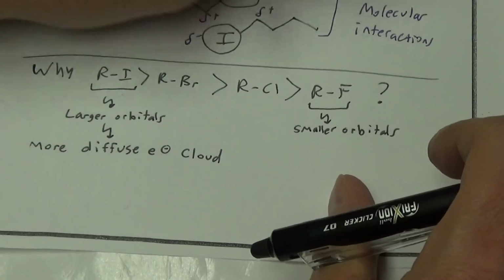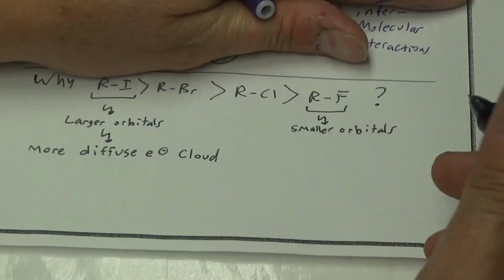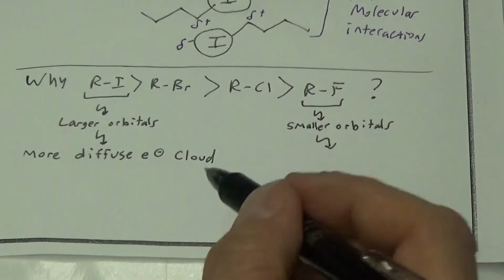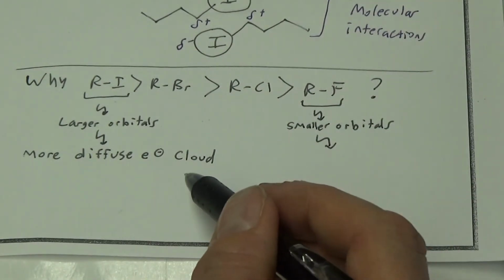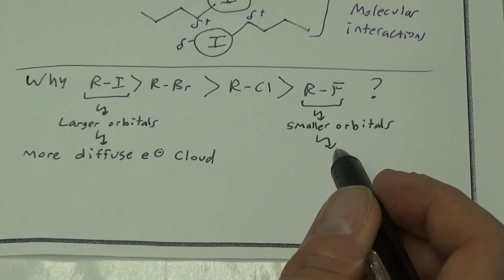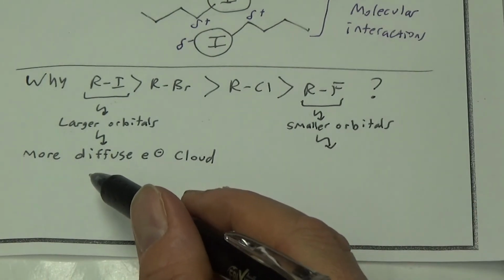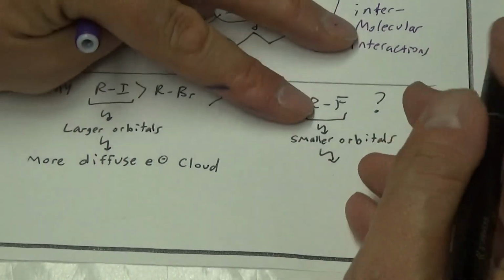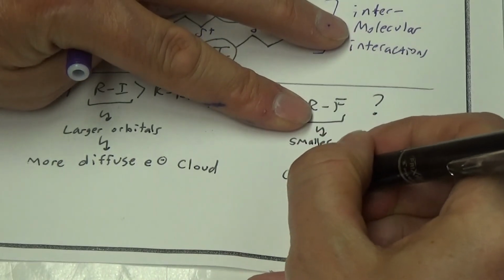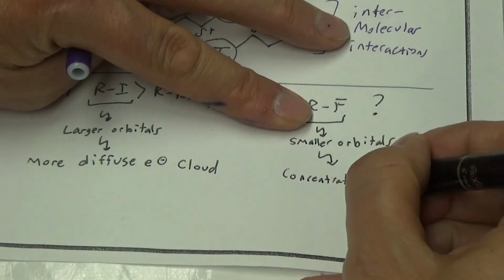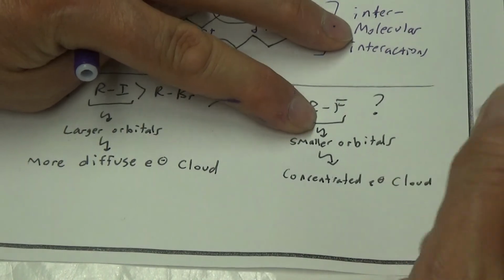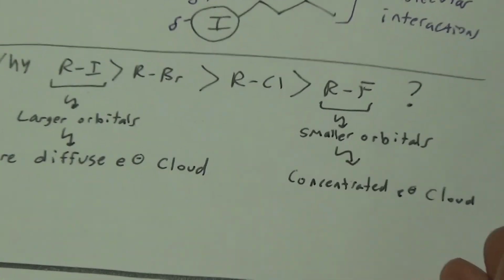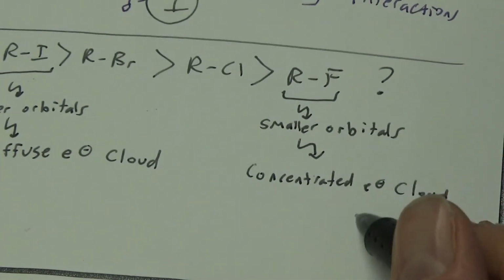I'll zoom in later. I'm just trying to fit this all on the page right now. By diffuse I mean the electron cloud is spread over a larger atom. But the fluorine atom is kind of small. So if this is diffuse, what does that make the fluorine? What's the opposite of diffuse? It's a concentrated electron cloud. The electron cloud is actually concentrated when you consider fluorine.